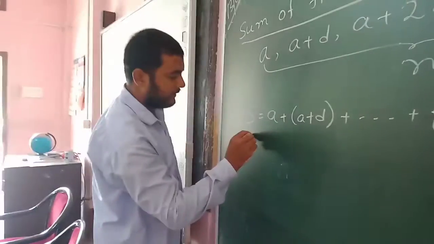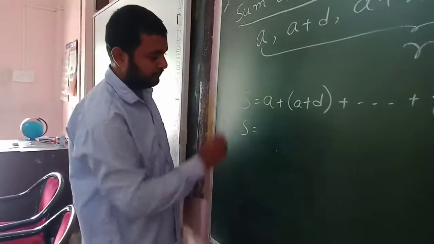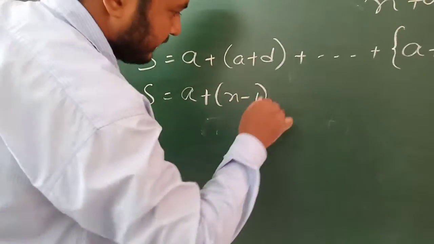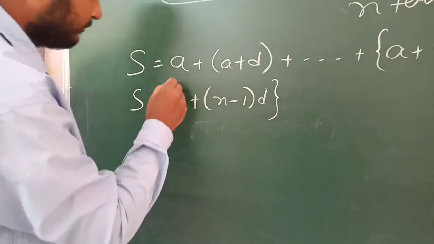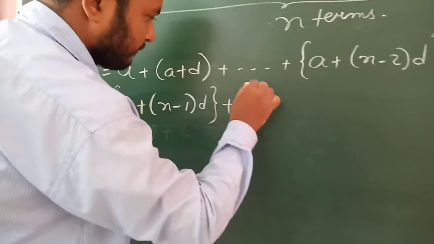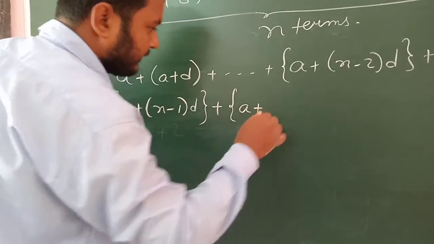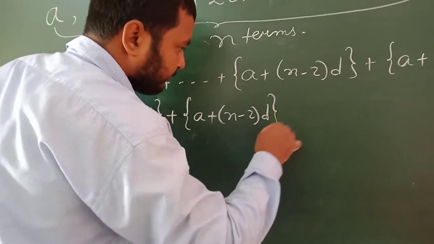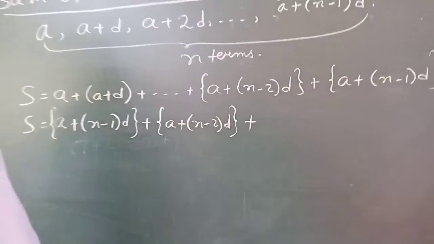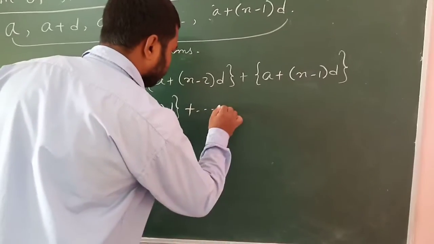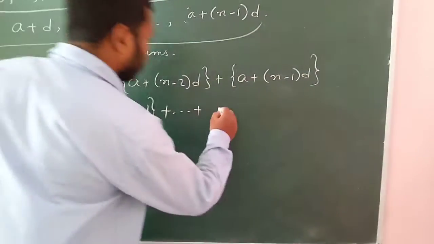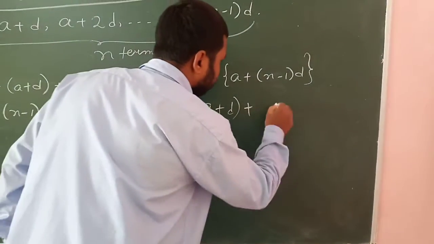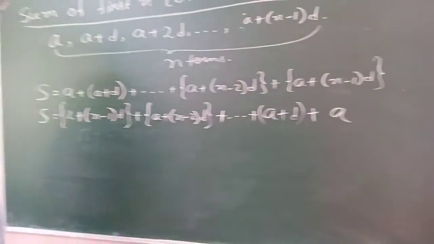So we write the sum in reverse order: a plus n minus 1 d, a plus n minus 2d, plus, and so on, here a plus d and here a.